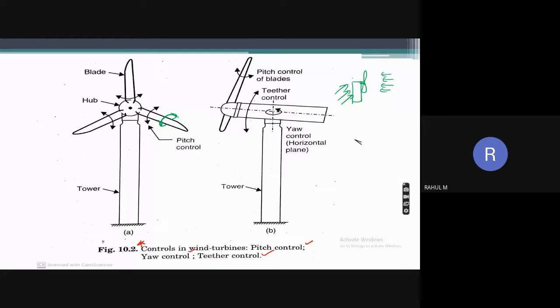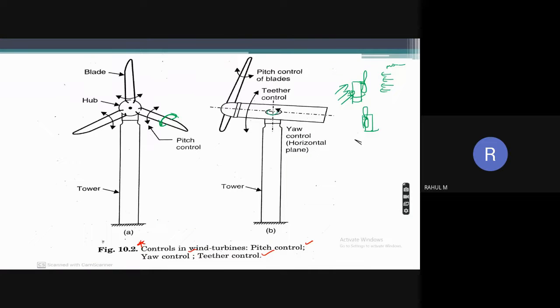In this case, if it is a fixed system, it can only utilize the wind that is coming in the morning, right? With the yaw control, it is possible to rotate this system so that it gets oriented in this direction. So yaw control is the rotation in this direction.